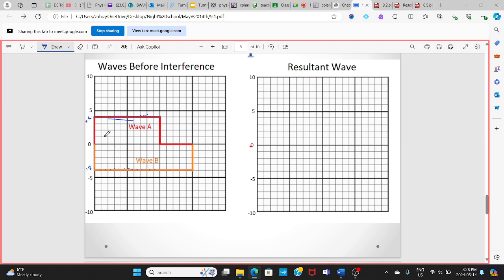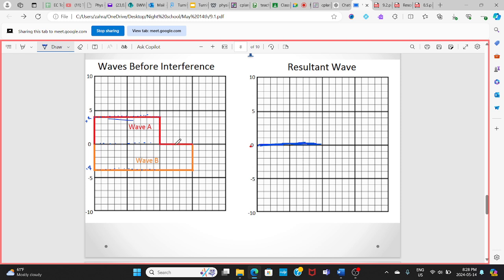If I add them up, of course, they will cancel each other, right? So from here to here, the interference is going to be destructive, and I put it as a straight line. All of the red wave and all of the orange wave here cancel each other and collapse here. Just put a straight line here.